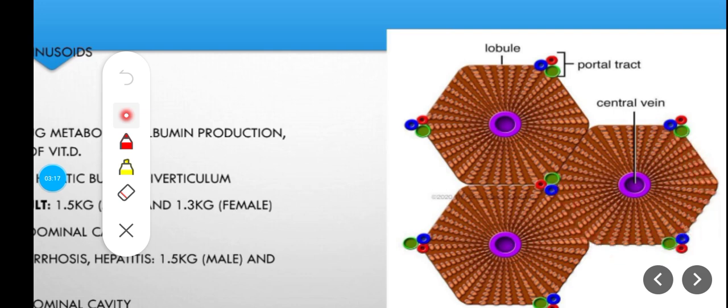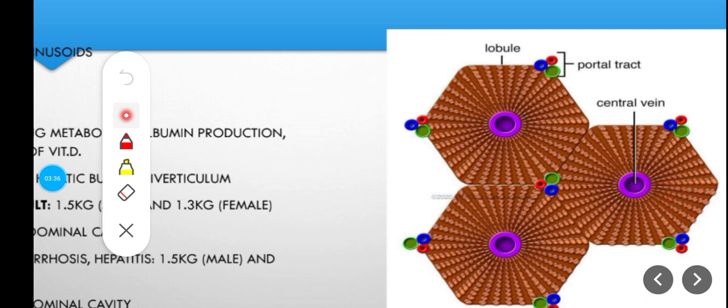Now, you can also appreciate irregular cords of cells radiating away from the central vein. So these irregular cords of cells represent the hepatocytes. So they are the major cells you find in the liver.